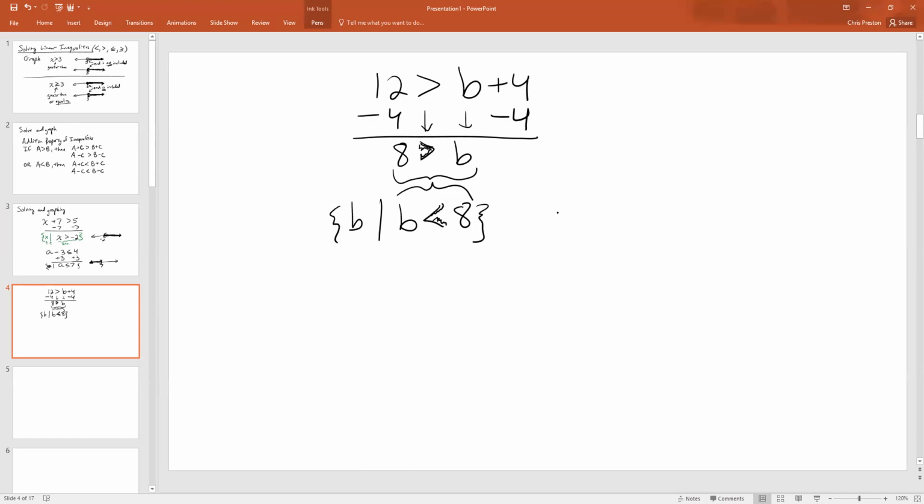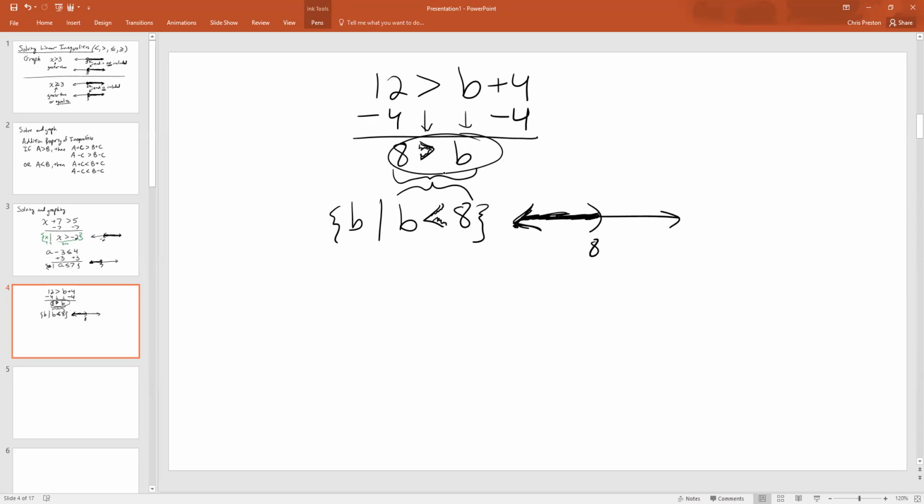Draw your number line, less than 8. I'm not including 8, since it's not less than or equal to. So I'm going to put a parenthesis there, and go in that direction, less than. Watch out: if you end up with your letter on the right-hand side, you'll probably have to do a visual rotation. You could leave it this way as long as you understand you're reading it from the direction of the B: B is less than 8.